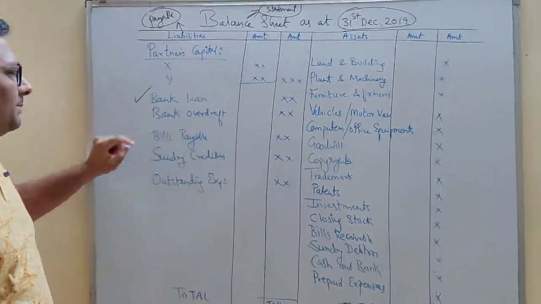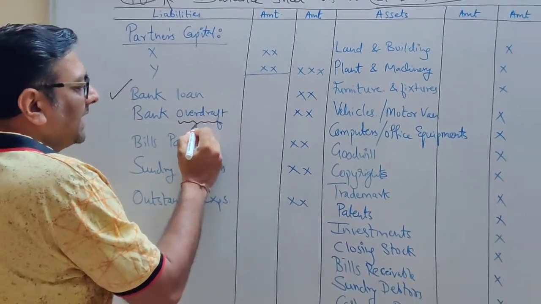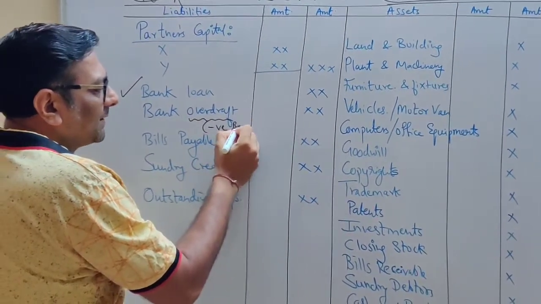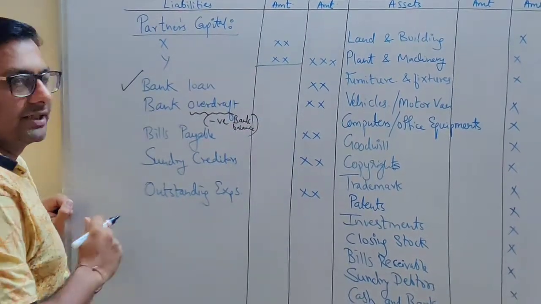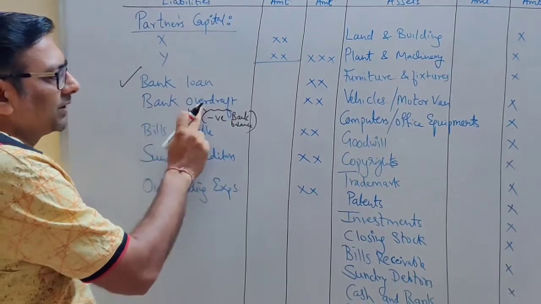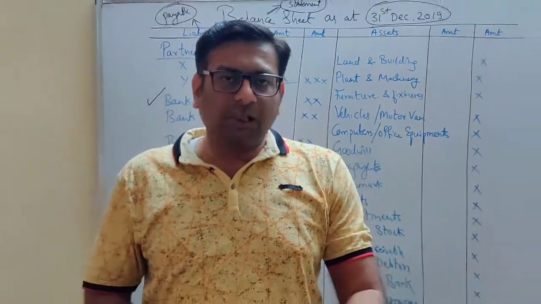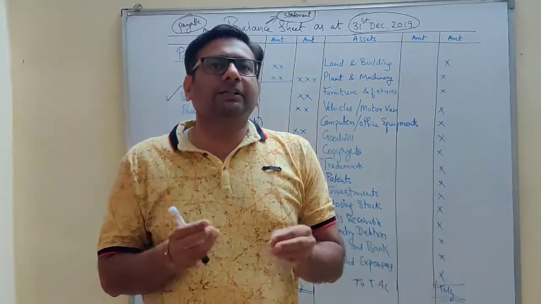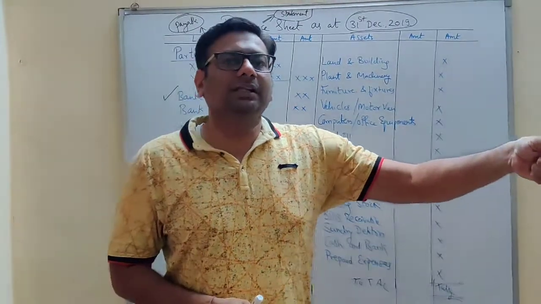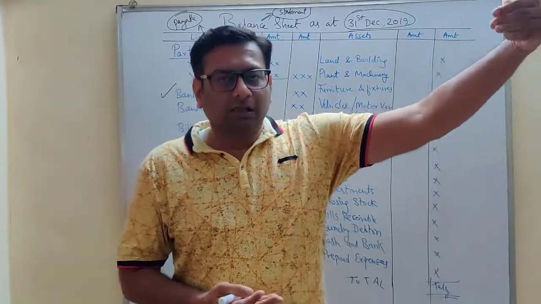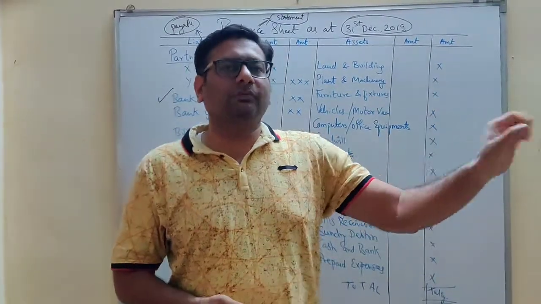Bank overdraft. What do you mean by bank overdraft? Bank overdraft means it's your negative bank balance. Whenever your balance goes negative, we call it bank overdraft. What do you mean by negative? Let's take one example. Suppose in your bank account there is only 10,000 balance, and you have issued a check of 12,000 to one of your suppliers.